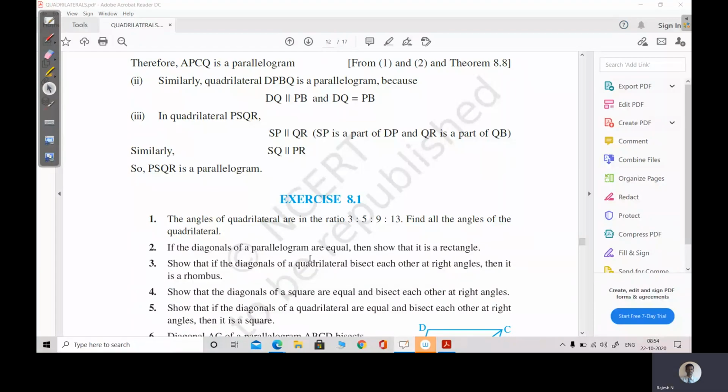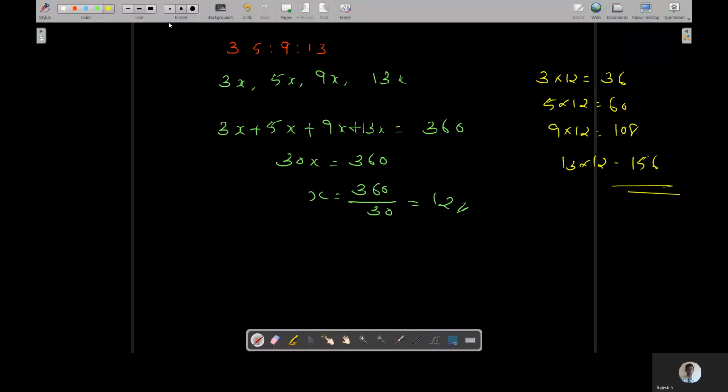Next: if the diagonals of a parallelogram are equal, then show that it is a rectangle.